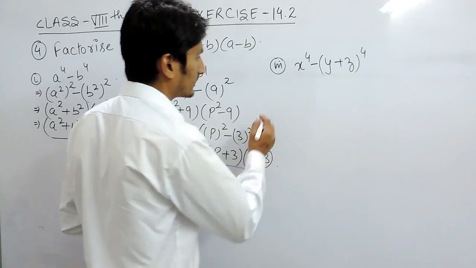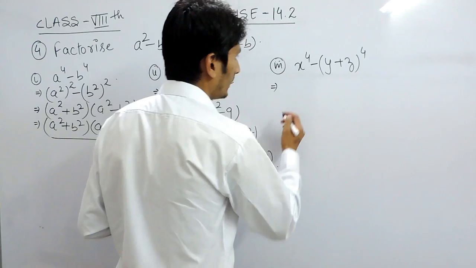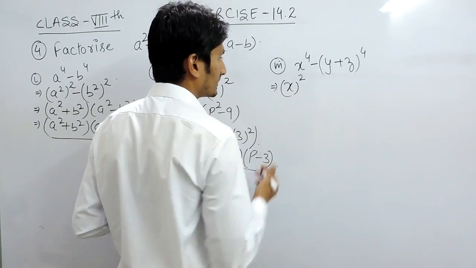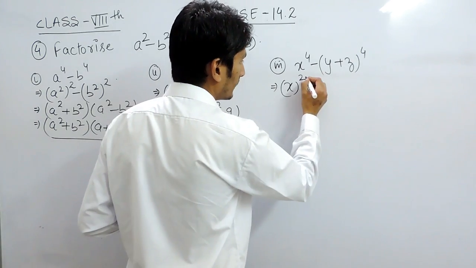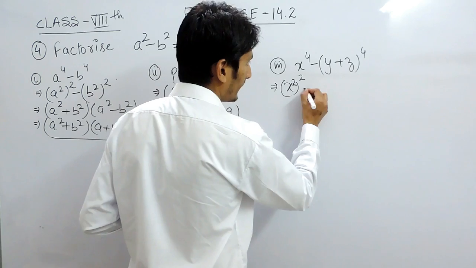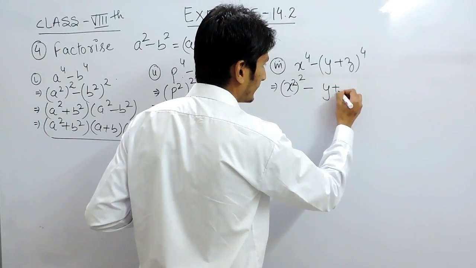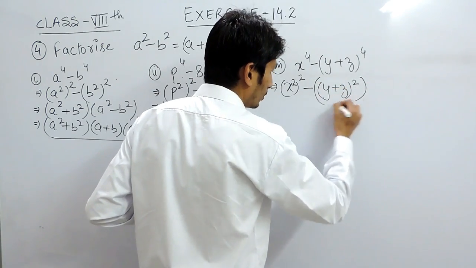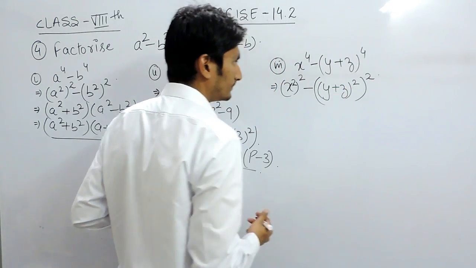Now let's solve the last part. This is again raised to power 4. So I am converting this into square. X square raised to power 2 minus this again can be written as z square whole raised to power 2.